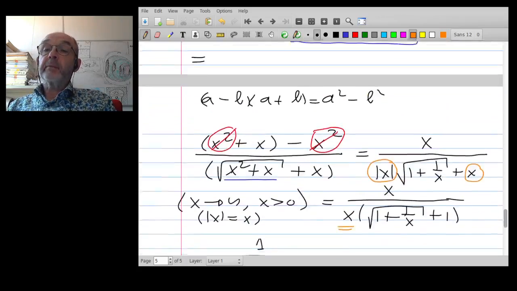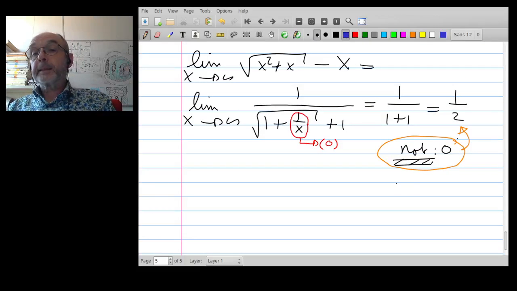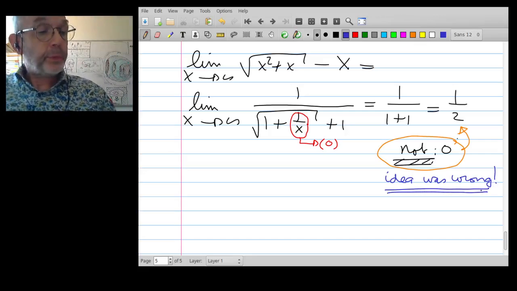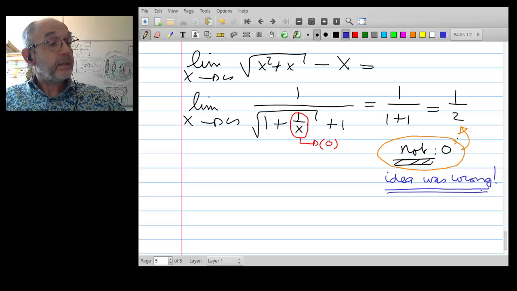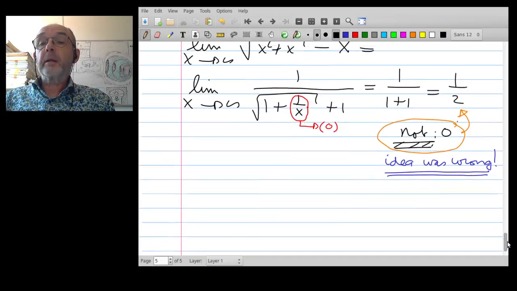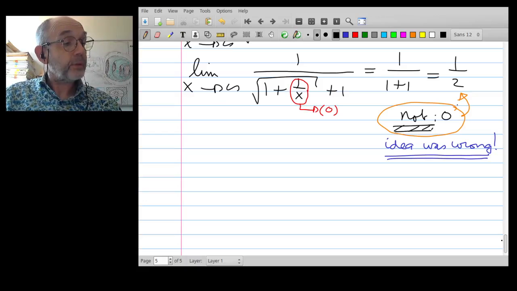And so my idea was wrong. So you have also to do all those limits carefully. And if a limit goes to infinity or minus infinity, then you say the limit does not exist.